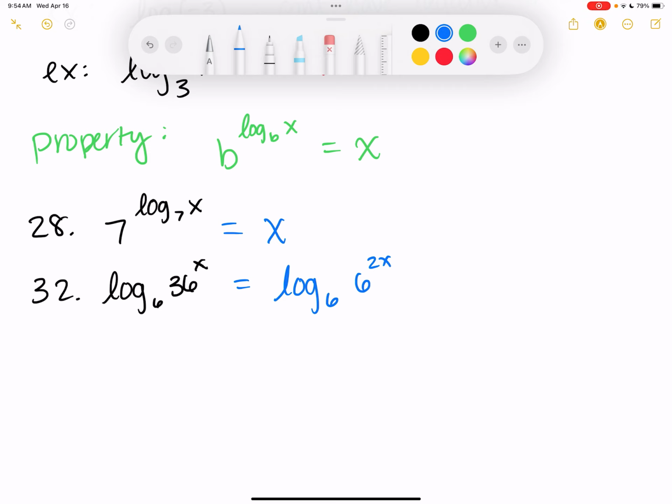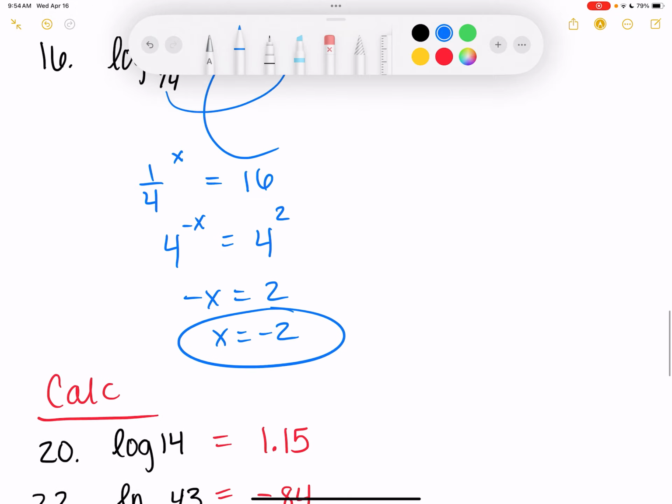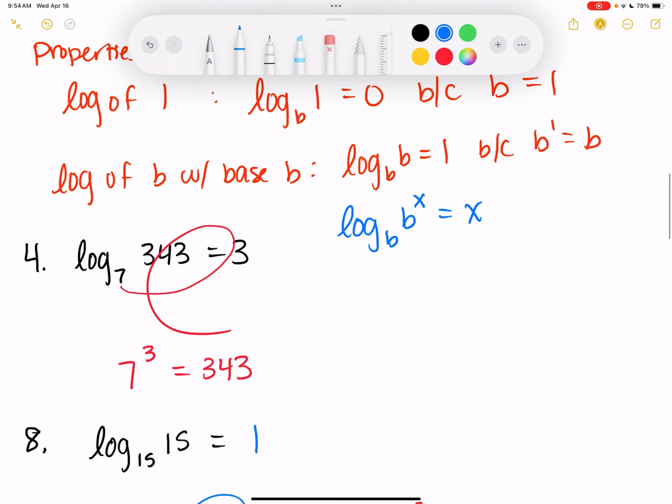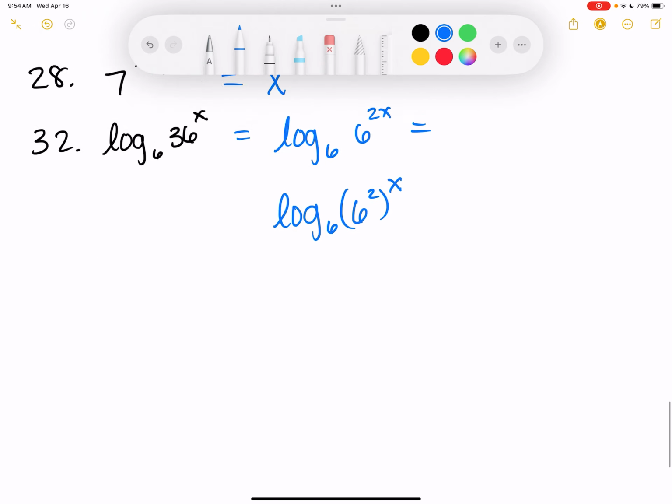If I do 6 squared, it would really be log base 6 of 6 squared raised to the x, which you just multiply the exponents. So that's why it's written that way. So what would the answer to this be? Because the bases are the same, it equals whatever the exponent is, so 2x.